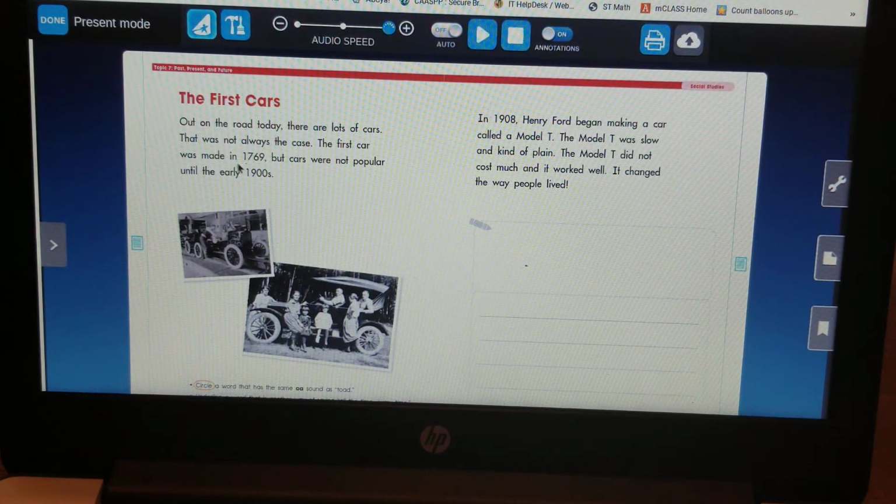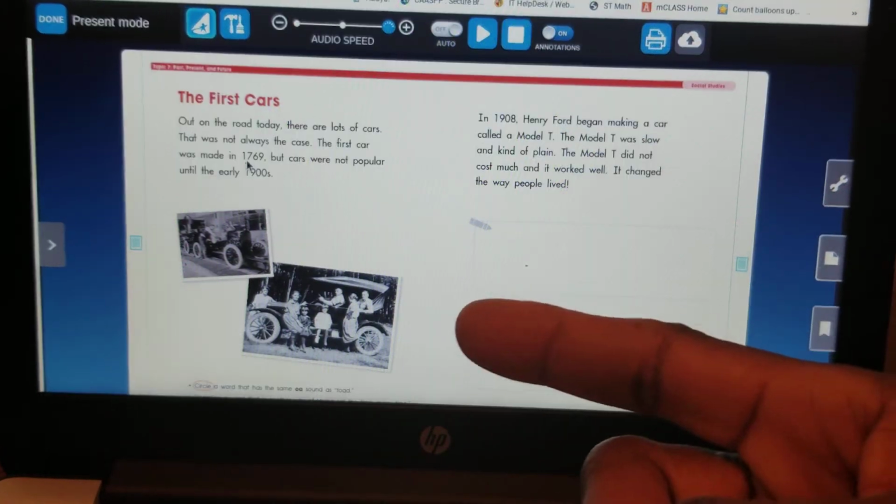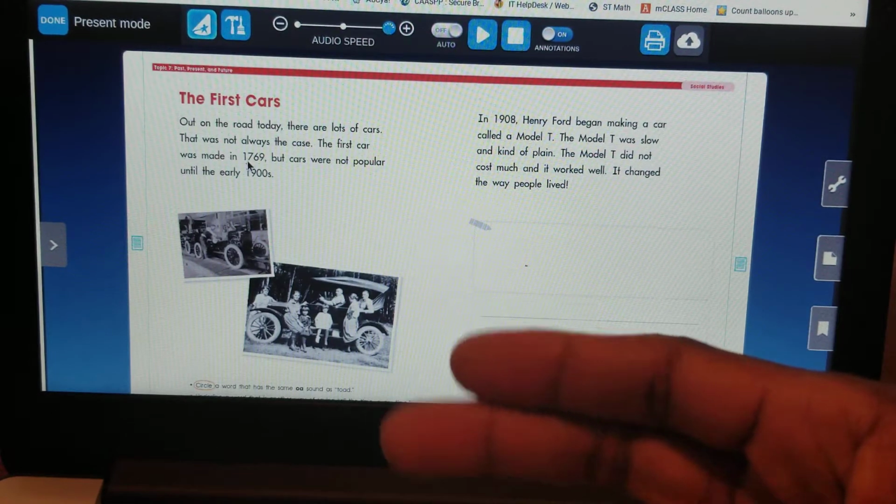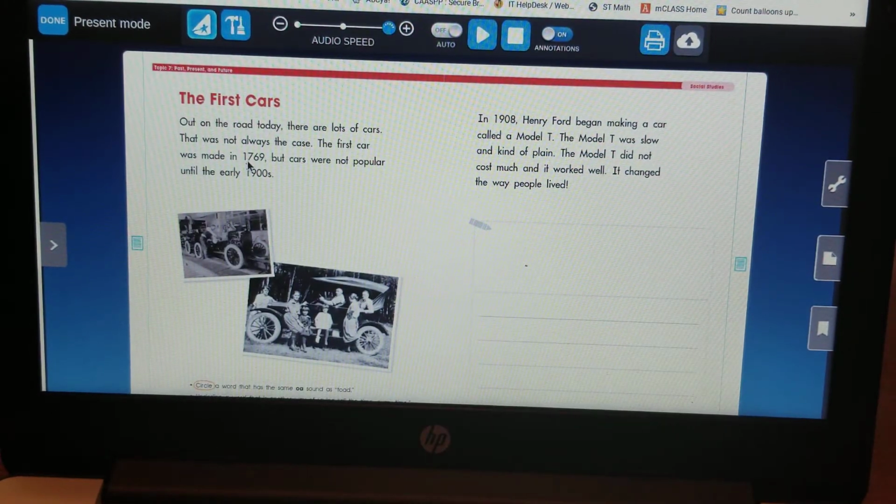The first car was made in 1769, but cars were not popular. That means a lot of people didn't even like the idea of having a car, or a lot of people didn't even have cars until the early 1900s. So if I count again, 17, 18, 19, it took 200 years for people to even understand how good it could be to have a car.